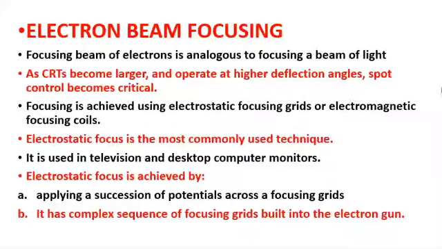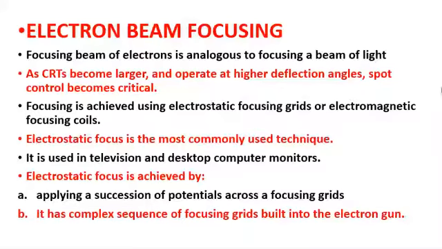And these CRTs, their screen size, as I told you, goes from millimeters up to 1 meter or above 1 meter. So as they become larger, they operate at higher deflection angles. Therefore, there is a critical need for controlling the spot, that's the place where the image will be formed.